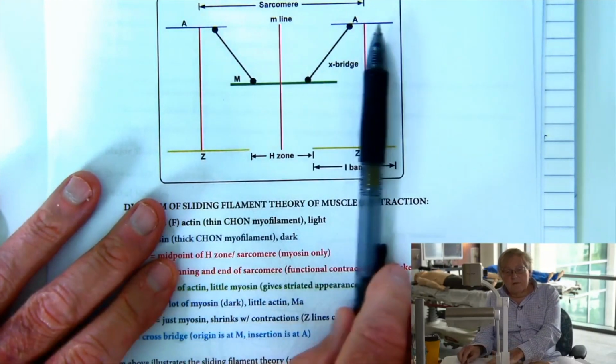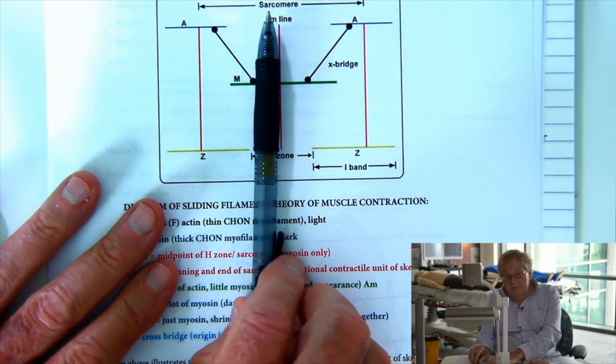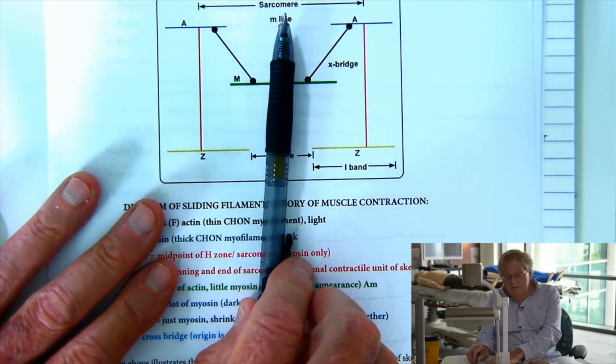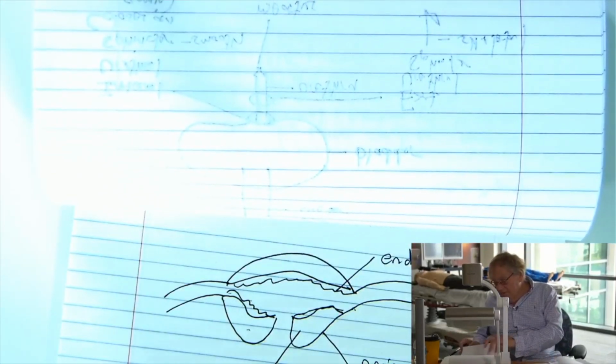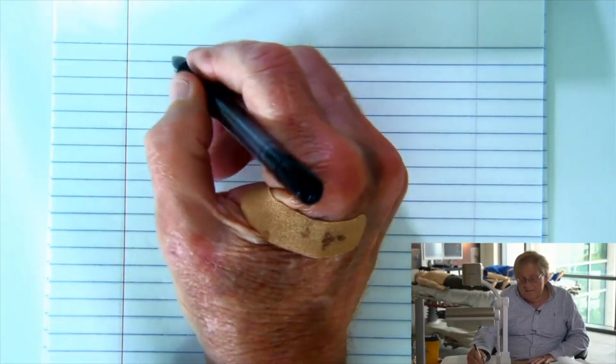It looks like there's one that's dividing it down the midline. So how do I remember this? How do I get the big picture of how this is really going to work?